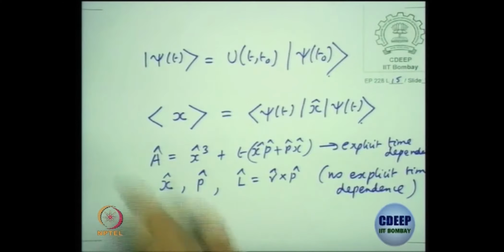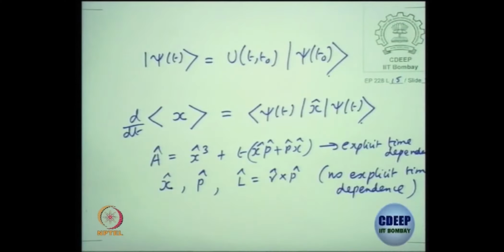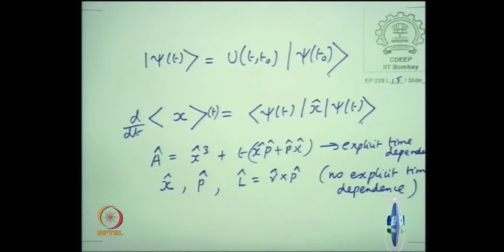Okay. But because the state vectors are evolving in time, you could do the time derivative of the expectation value of X, which in principle could be a function of time, right. So those are the kinds of things which we do in the Schrodinger picture, where we look at these operators which are independent of, there is no time dependence there.